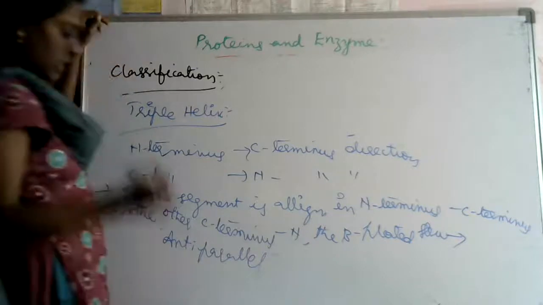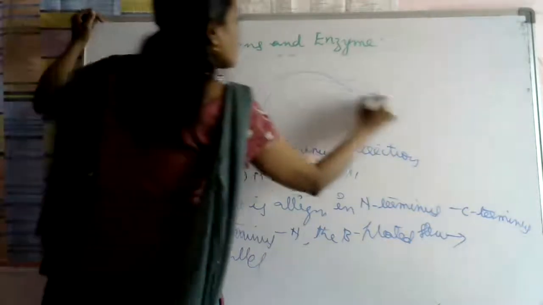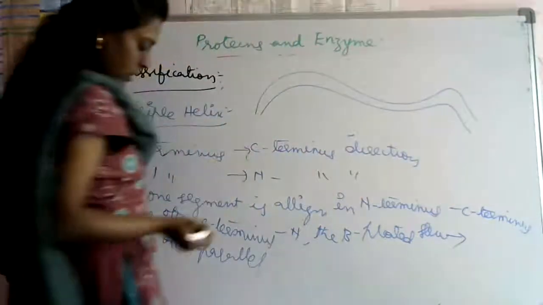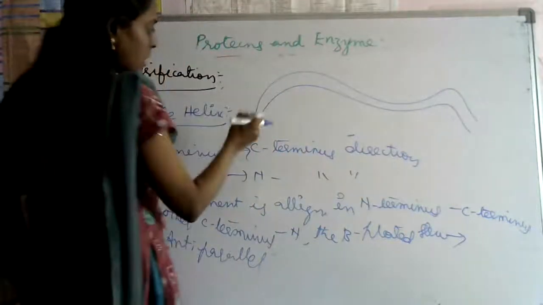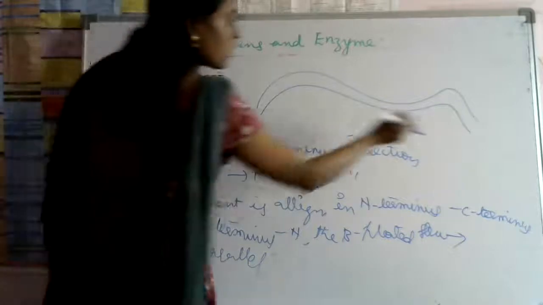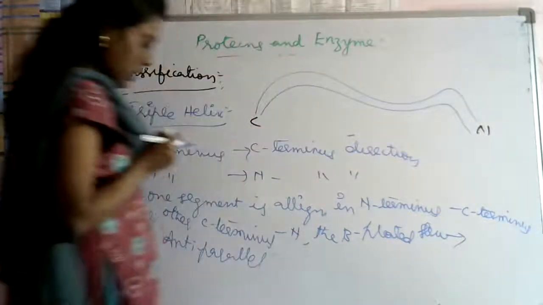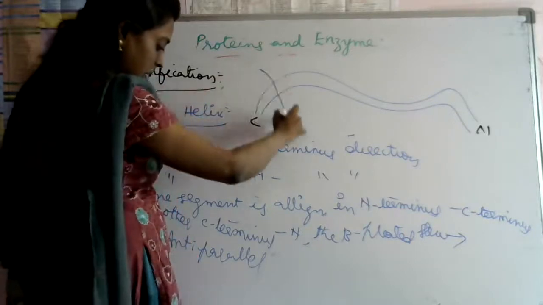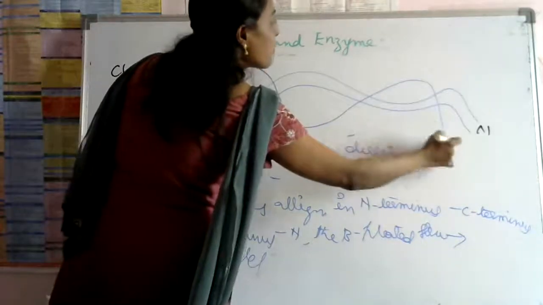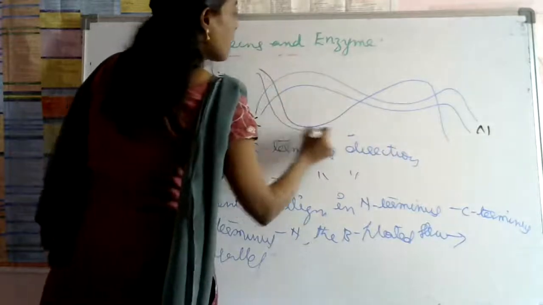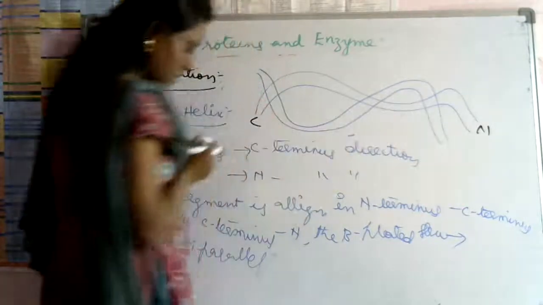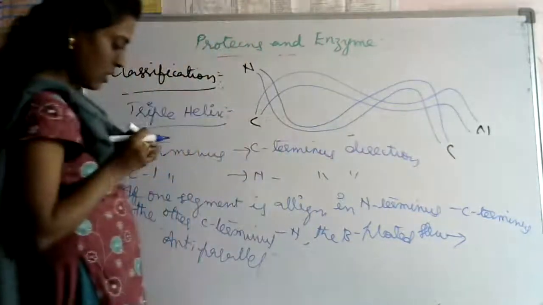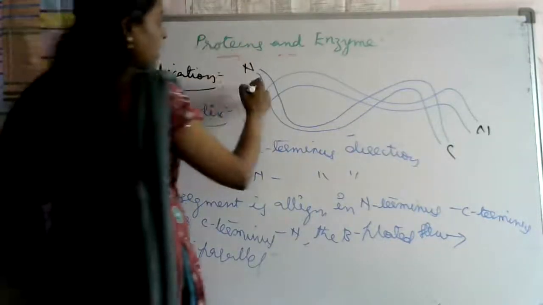I will show you how it is actually. So this is the C terminus. It started with C and this is the end. Next, another chain will be there. So this is with N, C. Another chain will be there.